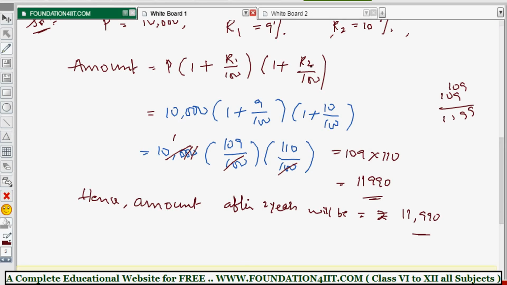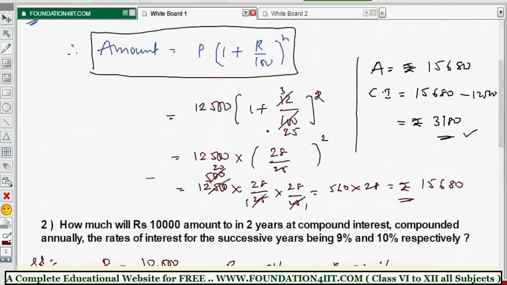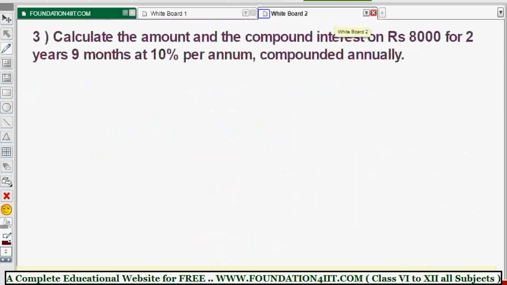And when the given time is different, let's see one more question. Here we are finding compound interest. On the next board I have one question: calculate the amount and compound interest on 8,000 for 2 years 9 months. The number of years is 2, but the number of months is also 9. Whenever it is given like this, we have seen the formula, so I will apply that.